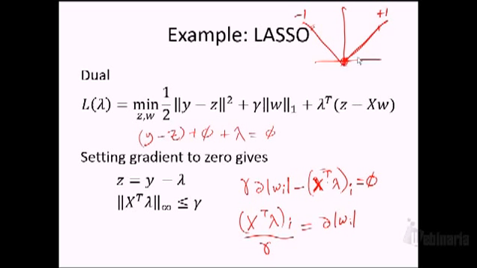But the subdifferential at a point like 0 is basically the set of all slopes of lines that intersect with this point but still remain below the function. And so any line with a slope that's between -1 and +1 satisfies this condition. And so the subdifferential at 0 is the interval -1 and 1.